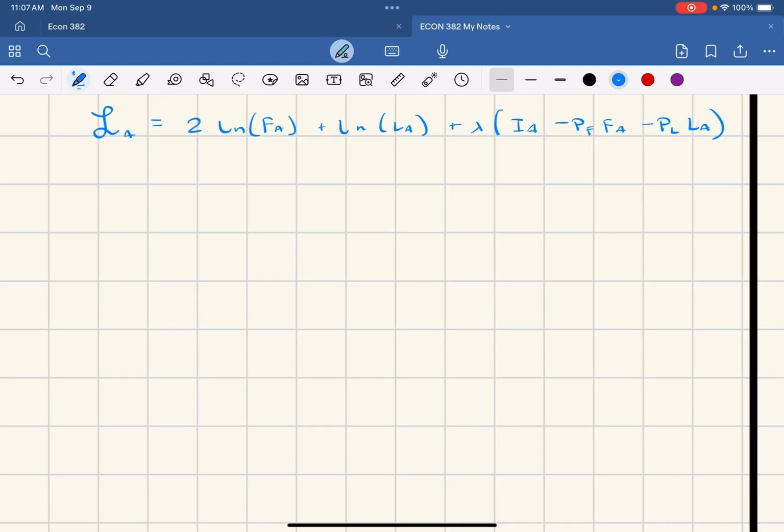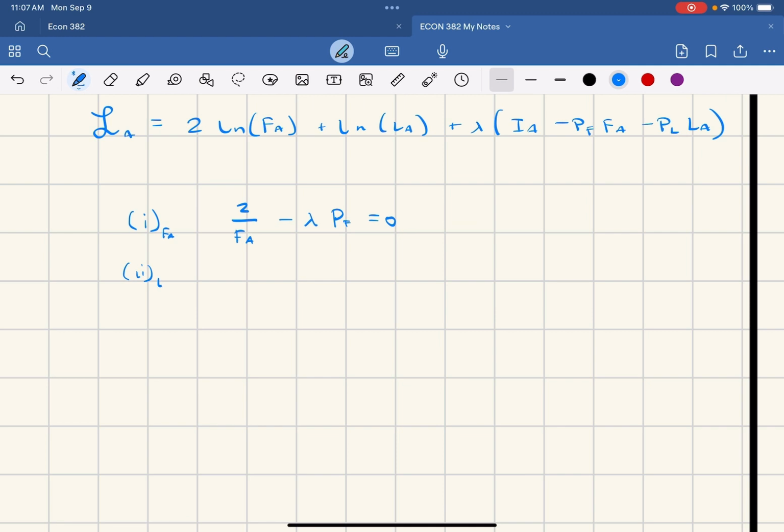So let's go ahead and solve for the first order conditions. The first order condition with respect to figs for Adam would be 2 divided by FA. There's no figs in this term, so that is going to be 0, minus lambda times the price of figs equals 0.